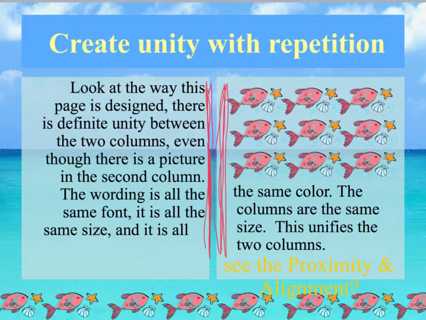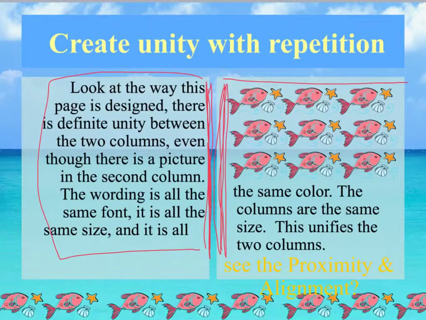The other piece here is you've got one box of text, and then on the other side, the box is a combination of text and graphics, but they appear to be repeating each other in terms of size, not what's in the box.